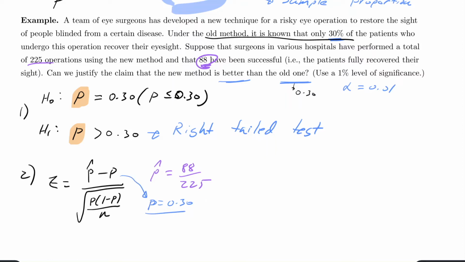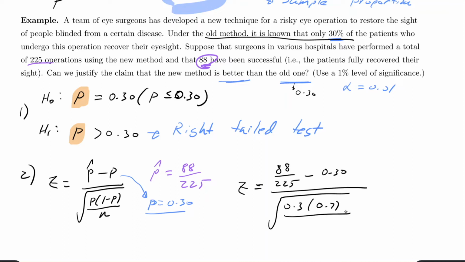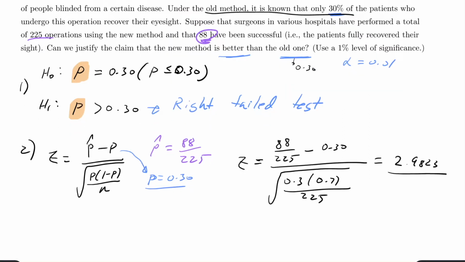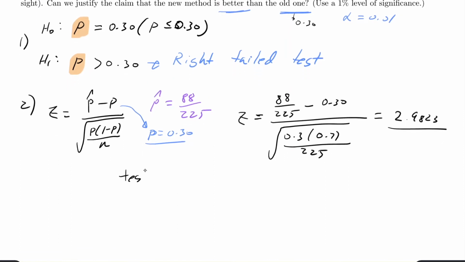So let's write all these numbers for the z statistic: 88 over 225 minus 0.3, divided by the square root of 0.3 times 0.7 over the sample size of 225. If you put this in a calculator, you get 2.9823 for the z value. So z equals 2.9823. This is our test statistic.